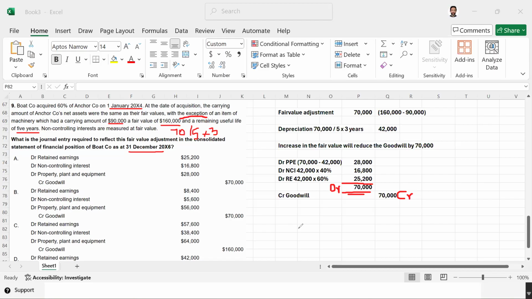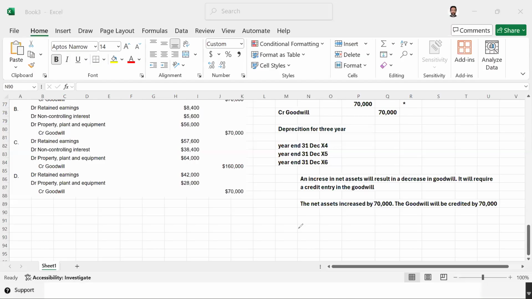Yes, people, I hope we are making sense of it. If the net assets at acquisition increased in value, goodwill will be reduced by the amount. Exactly, that's correct.